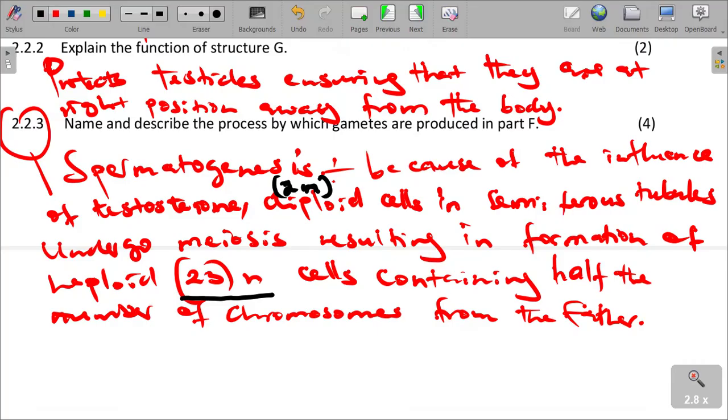You need to take note of that and understand that it is the testosterone hormone that causes the seminiferous tubules to allow meiosis to occur, resulting in the formation of haploid cells, the spermatozoa from the father, such that it can be normal and fertilize the egg.